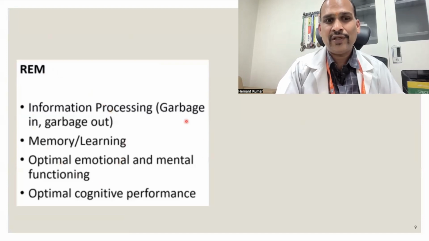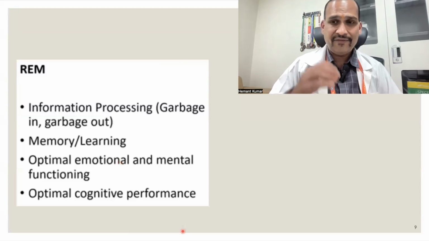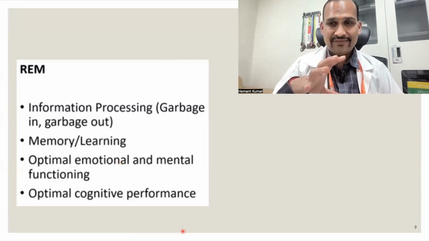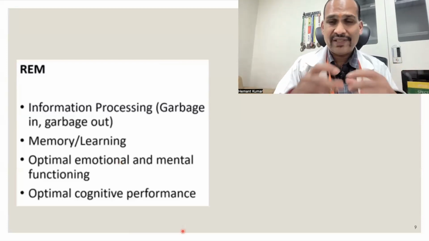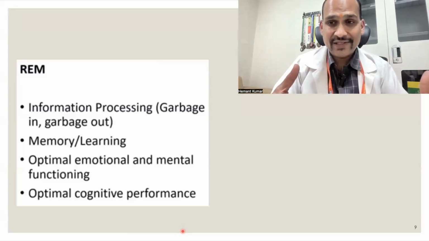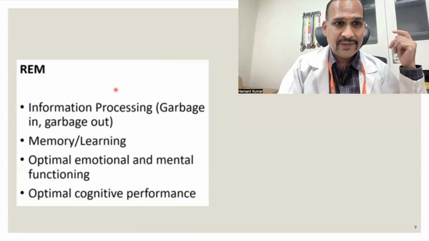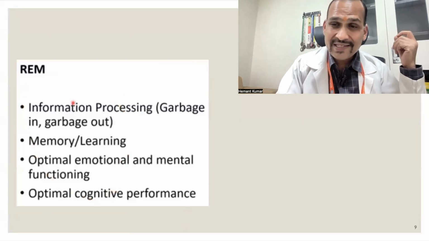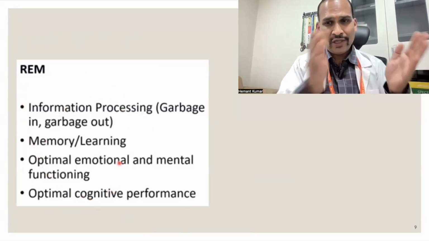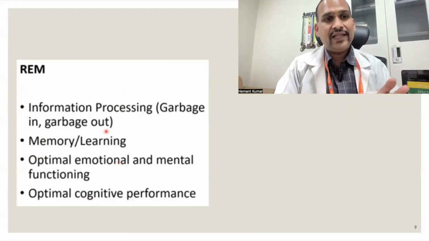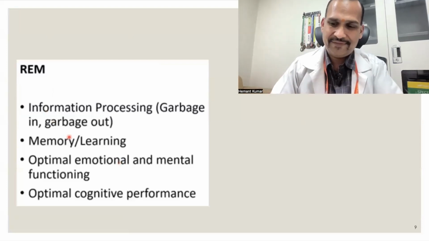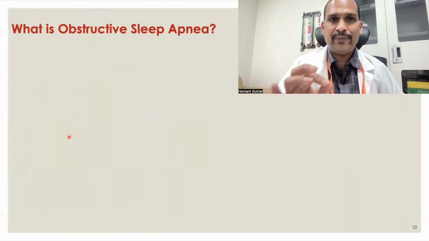So REM sleep is important for mental health and of course for cognitive performance, skillful work where we require concentration, like operating some machine or giving a lecture. For a lecture we need intelligence. So REM sleep is important for these tasks. Non-REM sleep for physical health, REM sleep for mental health. So sleep is very important.